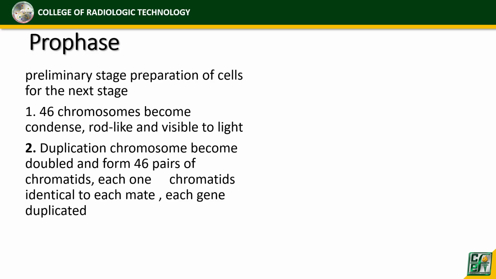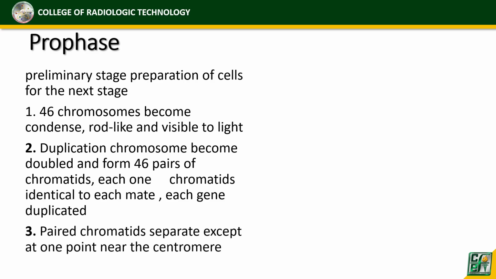At nagkakaroon ng formation ng chromatids. Okay? Each of these chromatids, sabi dito, ay identical, parehas na parehas doon sa kanyang kabaak or sa kanyang partner. At dahil dito, yung ating genes ay naduduplicate.